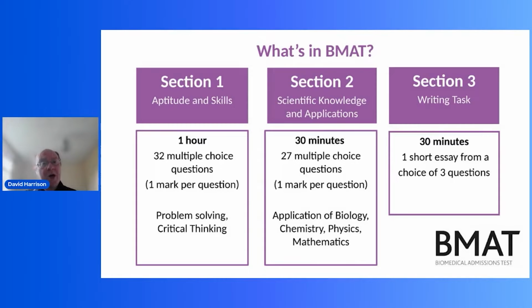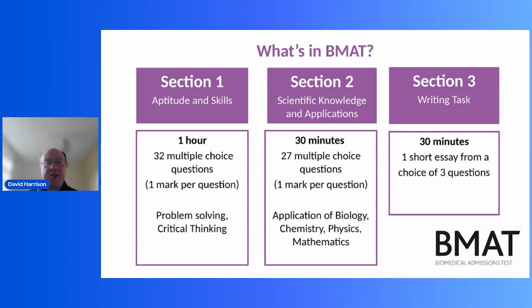Again, it's 1 mark for a correct answer, no marks lost for incorrect answers, and they're looking at you applying your knowledge of biology, chemistry, physics, and mathematics. We'll talk through those questions and exactly what knowledge they're expecting you to apply a little bit later.